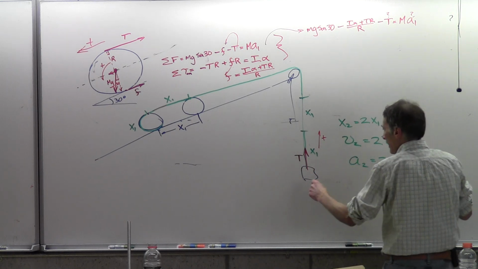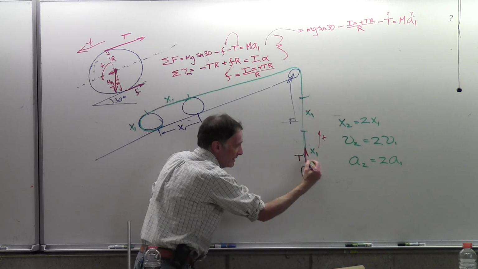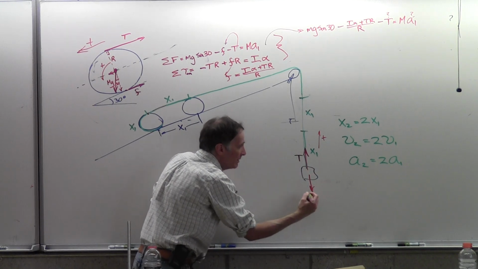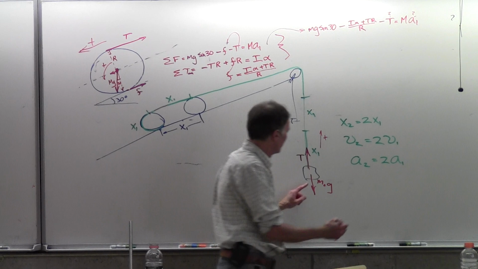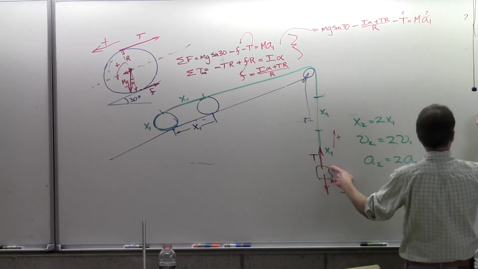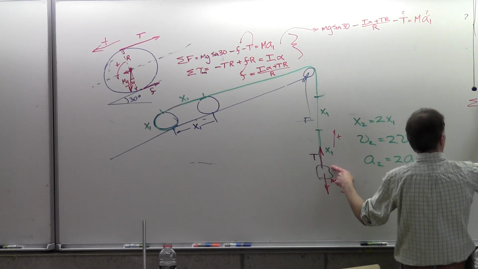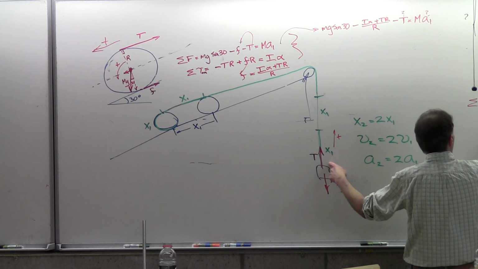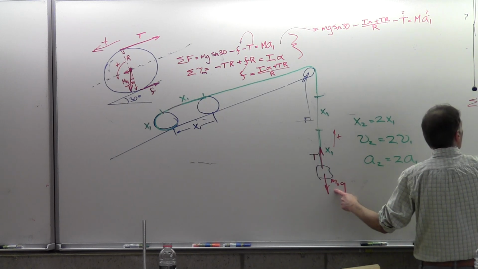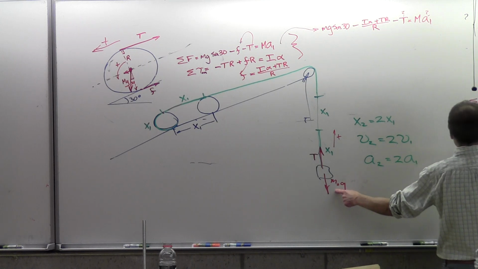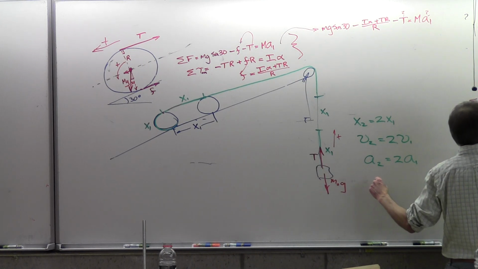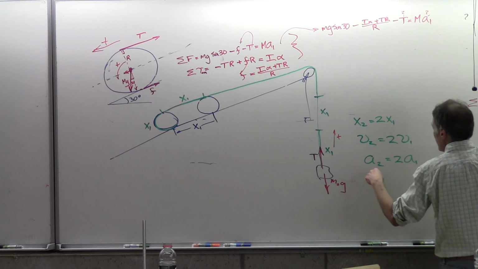On this piece, I've got the tension pulling up. The weight of this thing is going to be M2 times G pulling down. So for this one, the sum of the forces is T, the tension, minus M2G, and that has got to be equal to this one's mass, M2, times the acceleration.